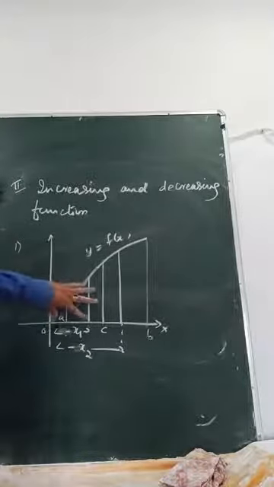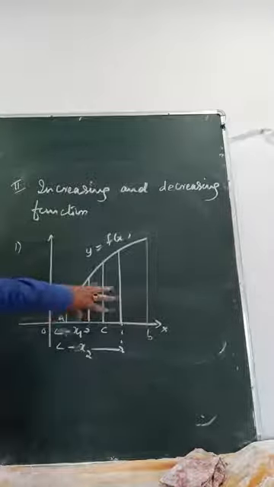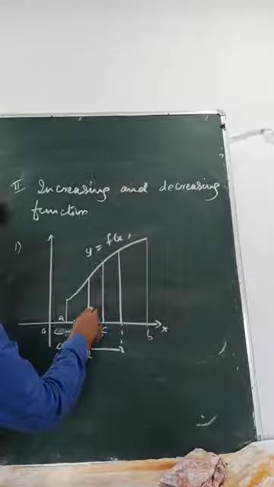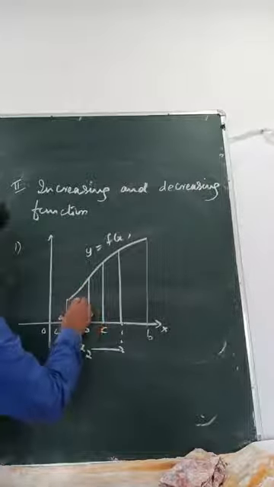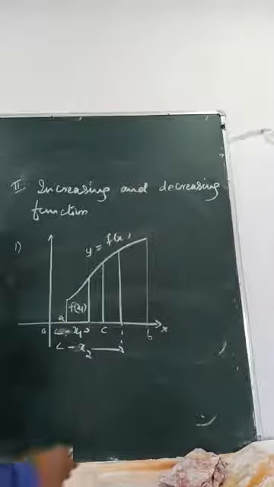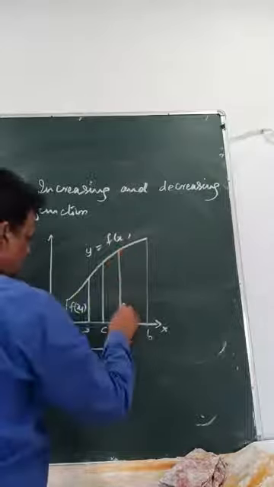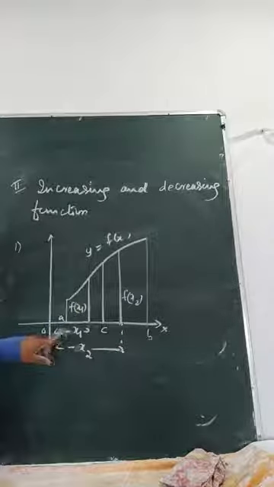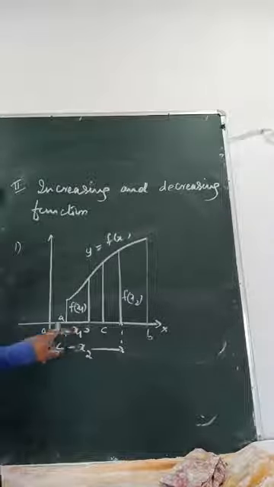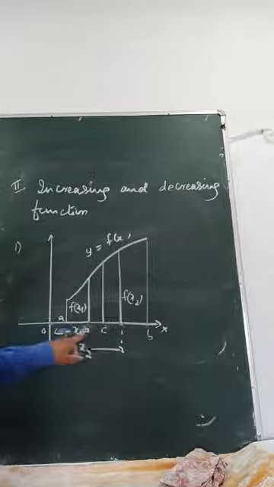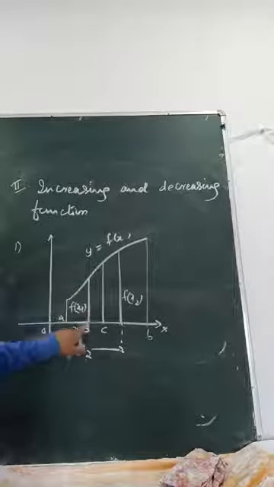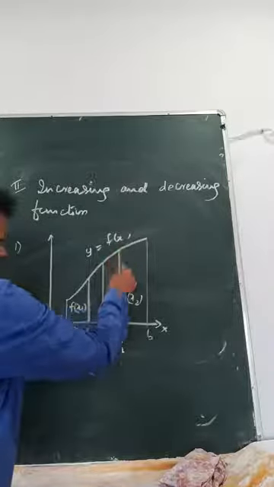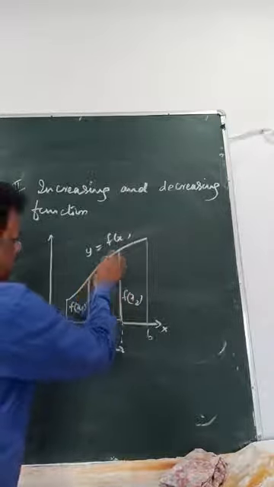So here to here is x1, here to here I have taken x2. So obviously this is your x1, this is your y value, means f(x1). This is your y value, this is f(x2). What you observe here, x1 smaller than x2, then f(x1) is smaller than f(x2). Look at this line.